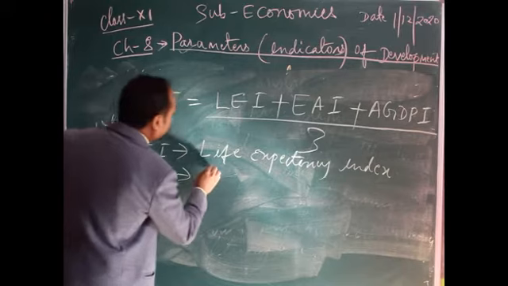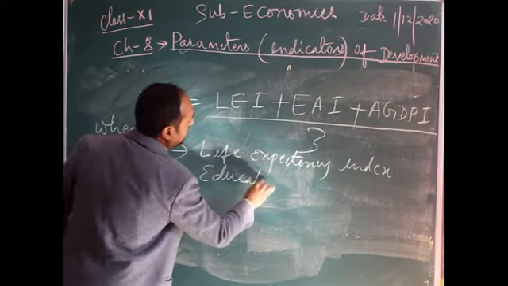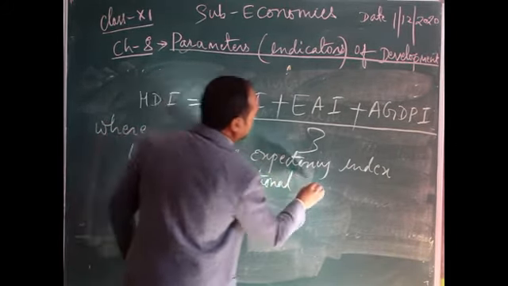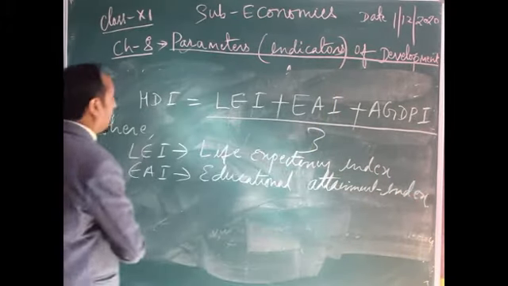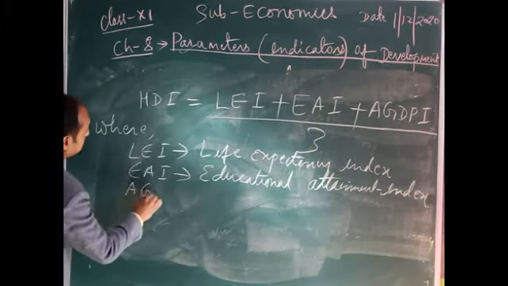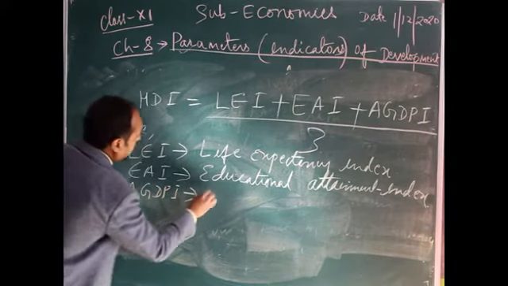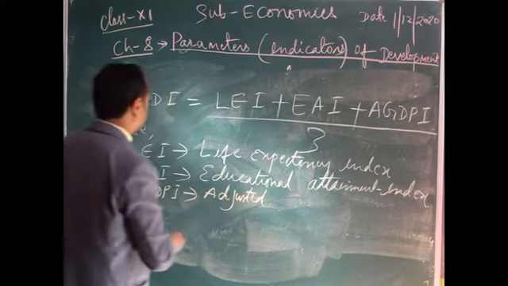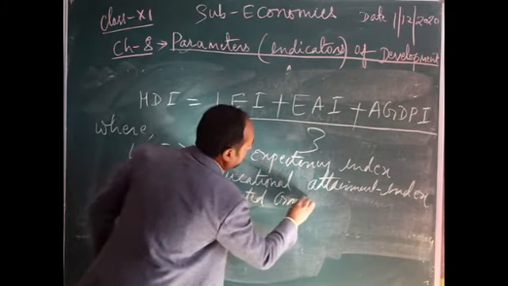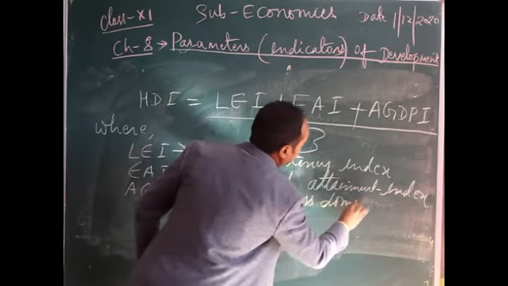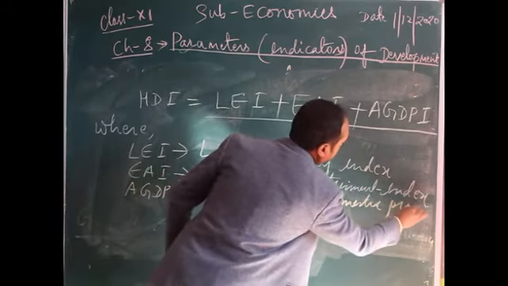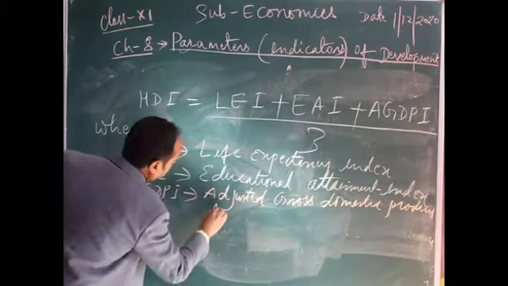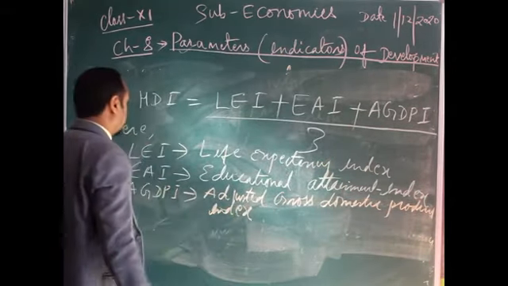EAI represents educational attainment index, and number three we have AGDPI, means adjusted gross domestic product index.